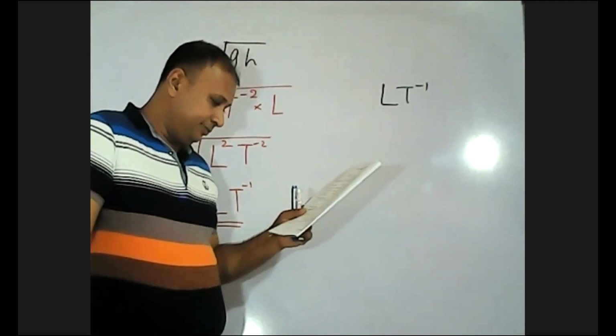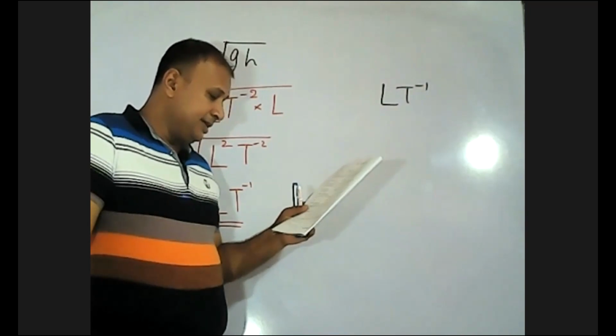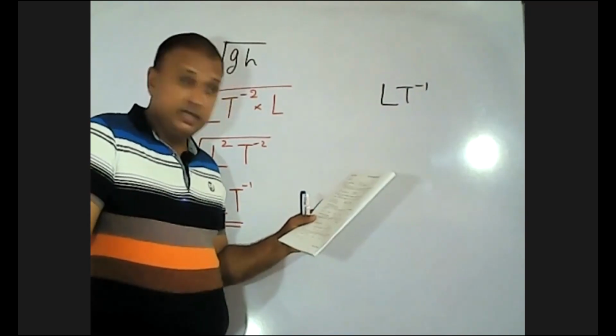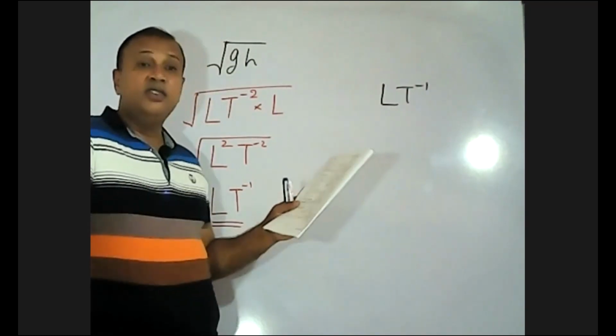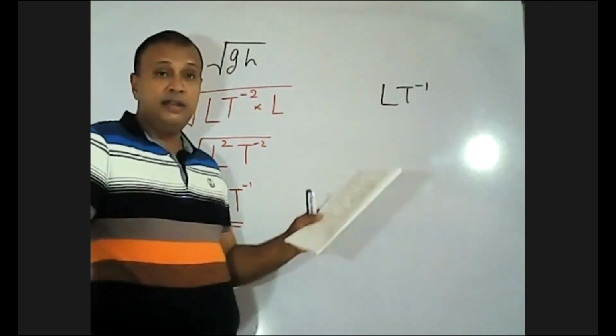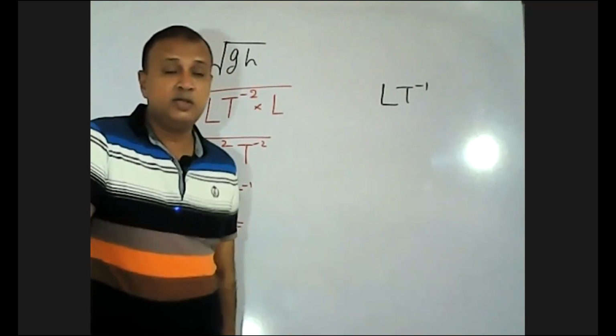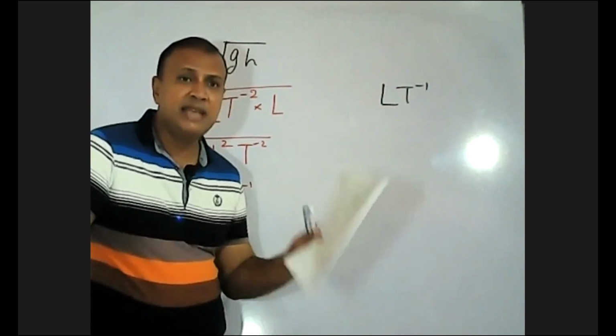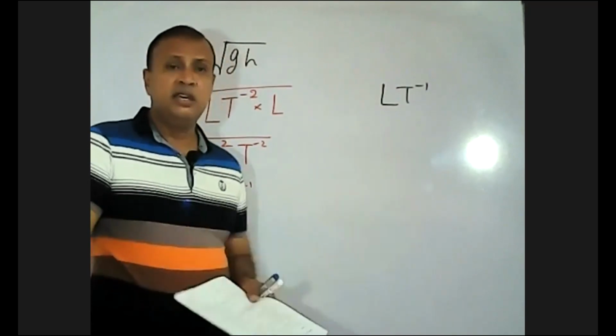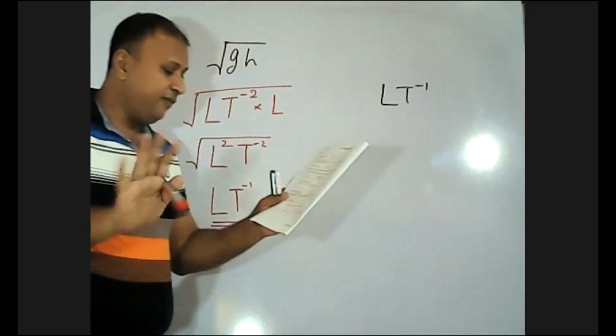Then what about the others? The third and fourth one. Actually, I can reject the third one and the fourth one at once. What is my argument? At a glance, I can reject the third answer and the fourth answer.